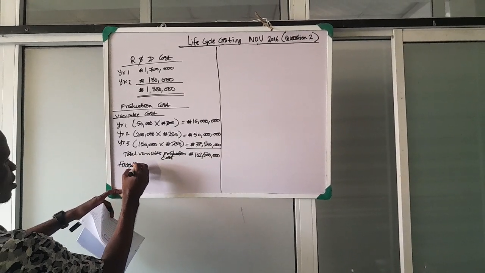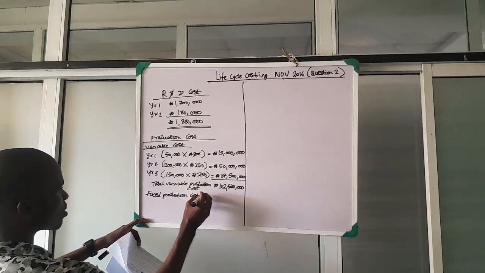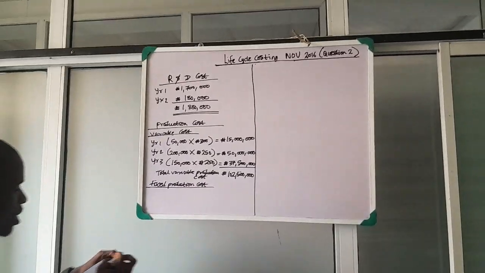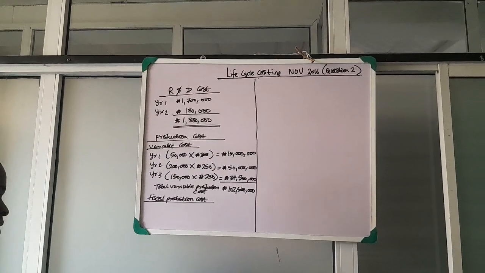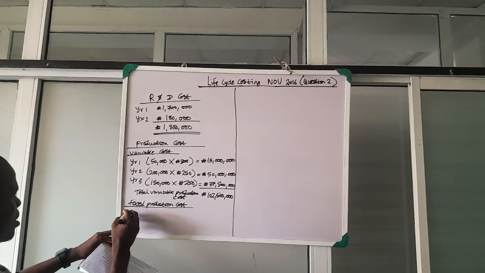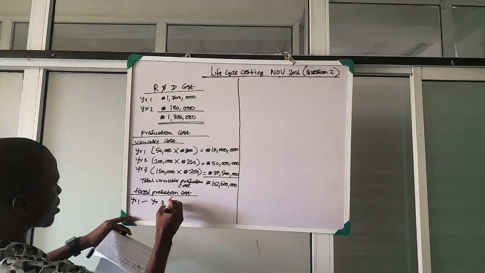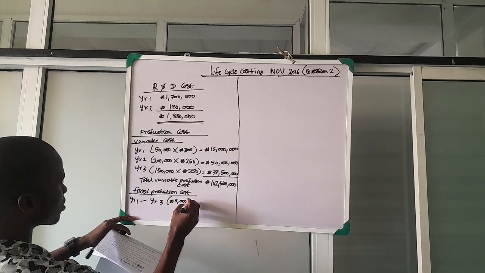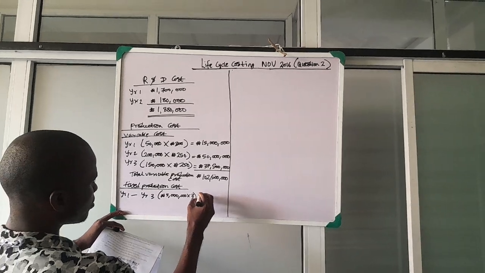For the fixed production cost under production, the fixed cost is 5 million, 5 million, 5 million all through the 3 years. So 5 million times 3 gives us 15 million.